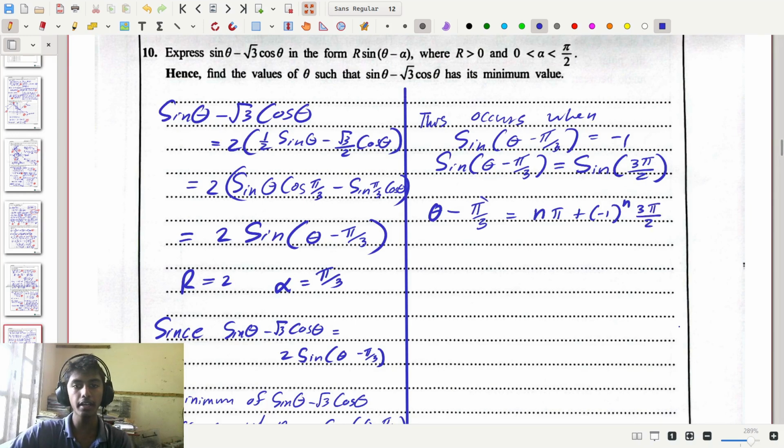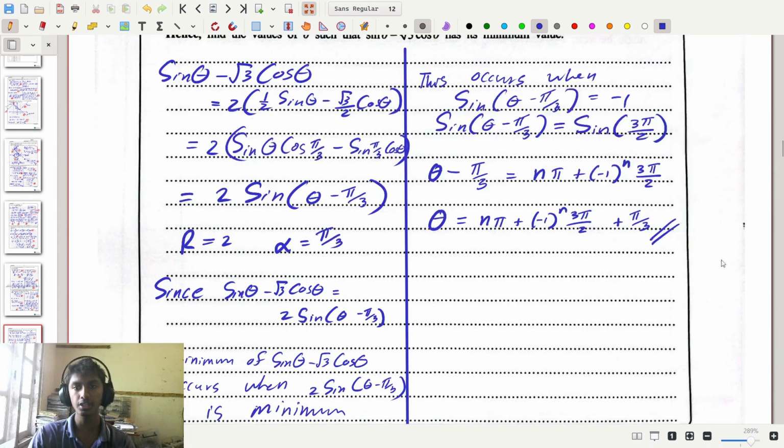Now if we take this negative pi by 3 and add it to both sides, we get finally that theta is equal to n pi plus negative 1 to the power of n times 3 pi by 2 plus pi by 3. So this is going to be the infinite set of solutions that we are going to have.